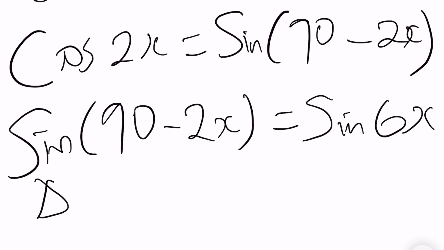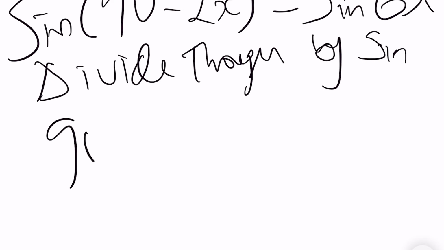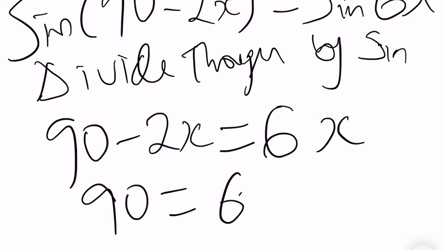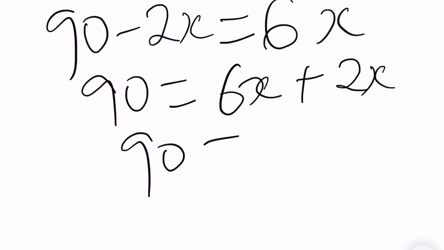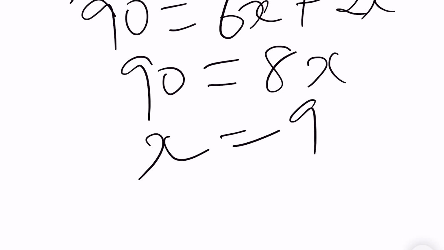So you divide through by sin, and we have 90 minus 2x equals 6x. So we have 90 to be 6x plus 2x, we have 90 to be 8x. So we have our x to be 90 over 8.